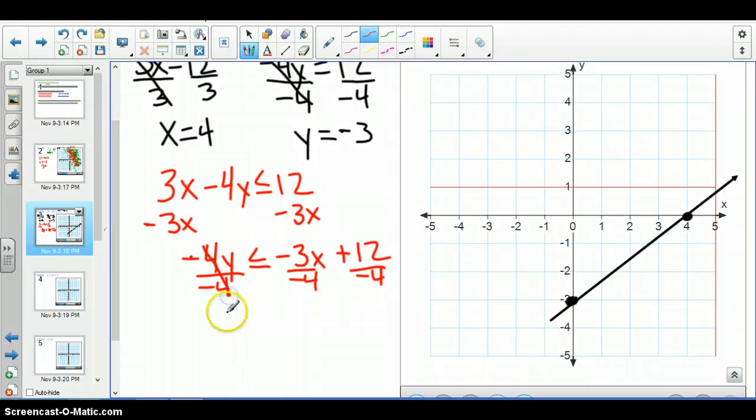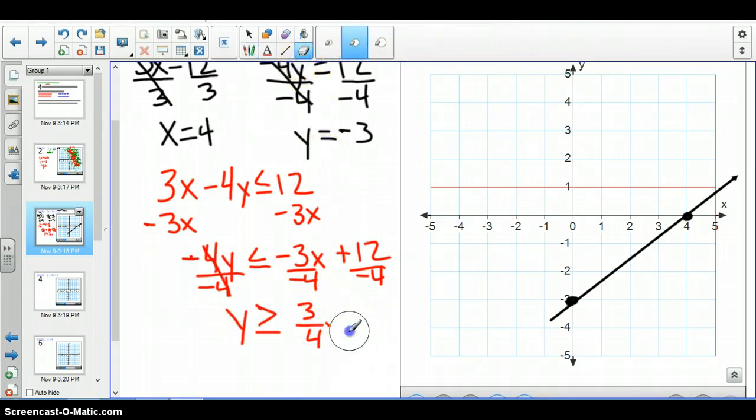So now whenever we divide or multiply an inequality by a negative, we have to flip our inequality symbol. So I have 3/4 x because two negatives make a positive, minus 3. So I go and plot my y-intercept at negative 3.